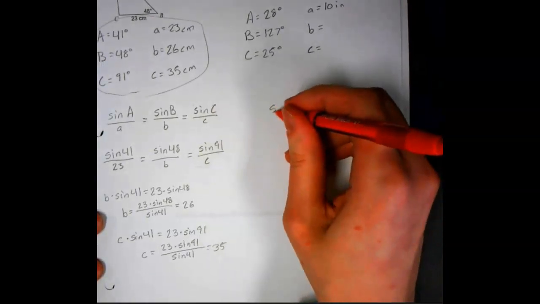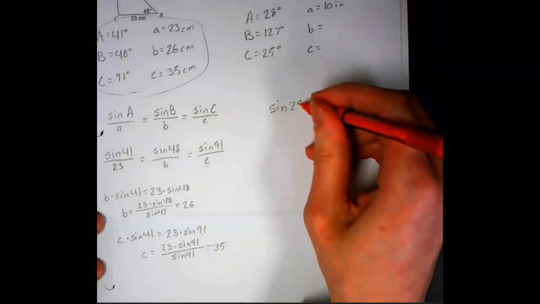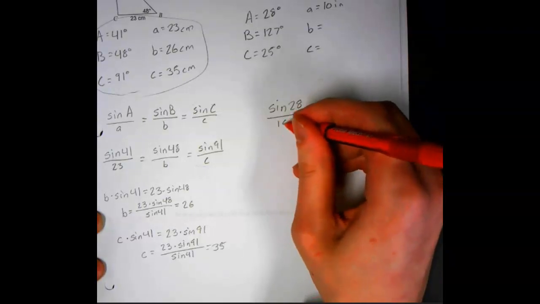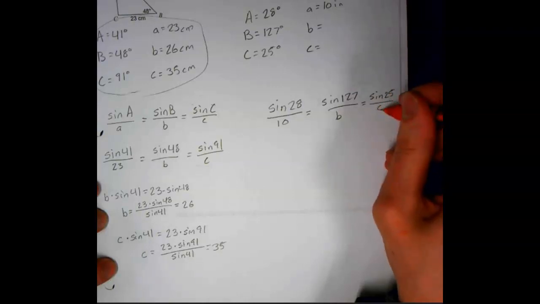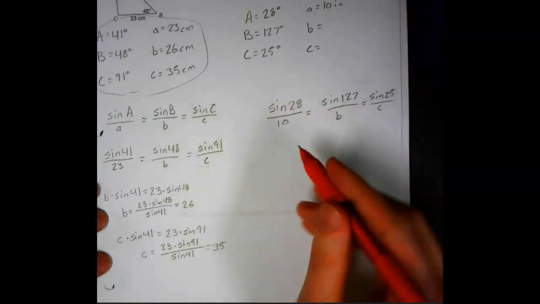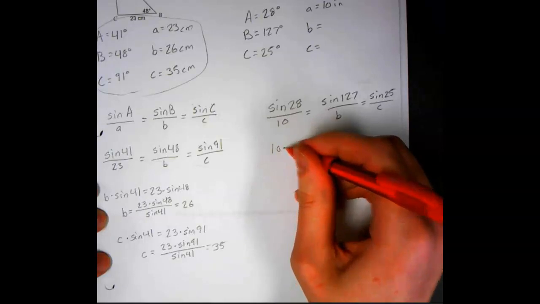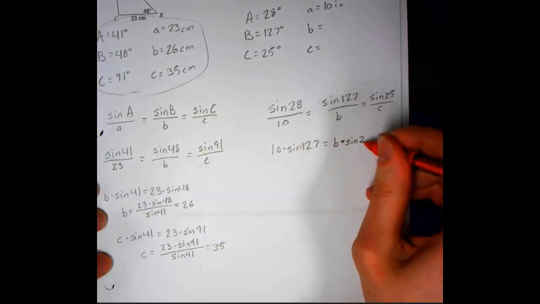So sine of 28 over 10 is going to equal the sine of 127 over B, and that equals the sine of 25 over C. We use our cross multiplication. We have 10 sine 127 equals B sine 28.